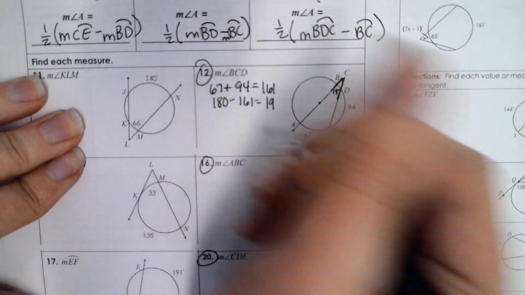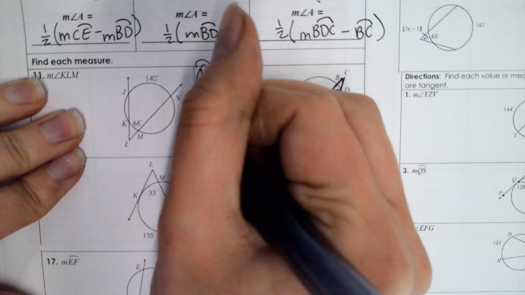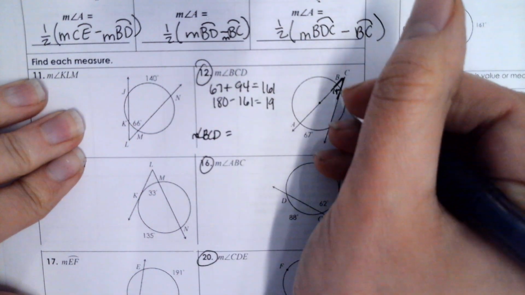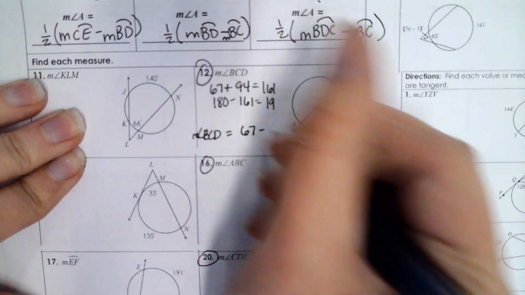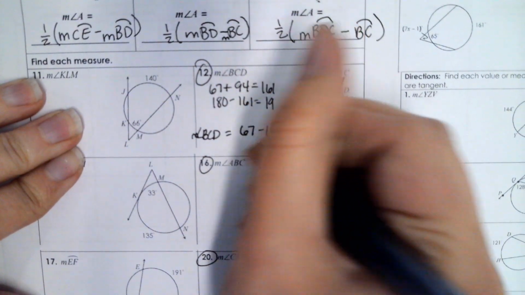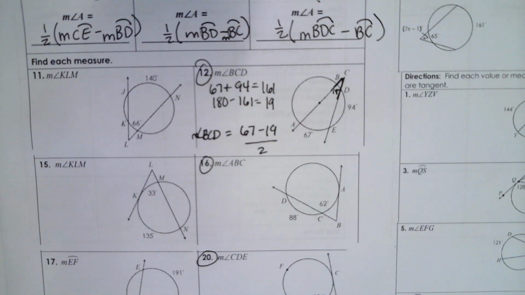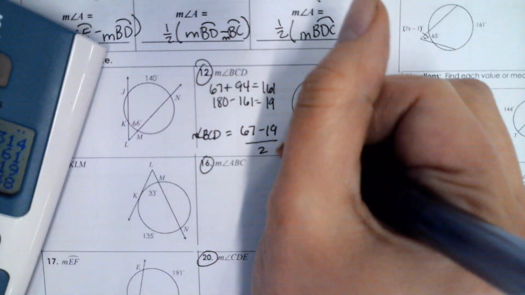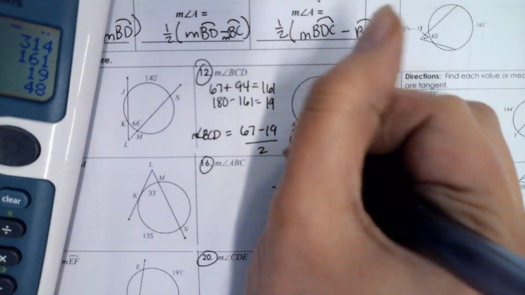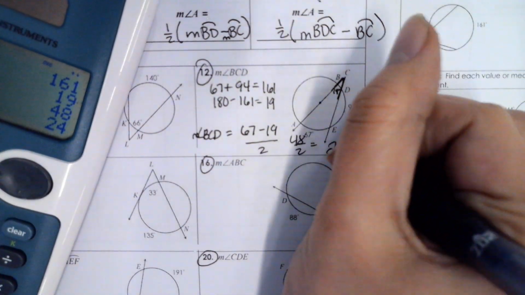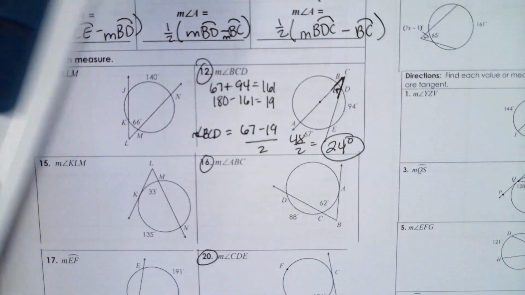So BCD is equal to outside arc minus inside arc divided by 2. There we go. 67 minus 19 got me 48. And then 48 divided by 2 gets me 24. So that's my answer for number 12.